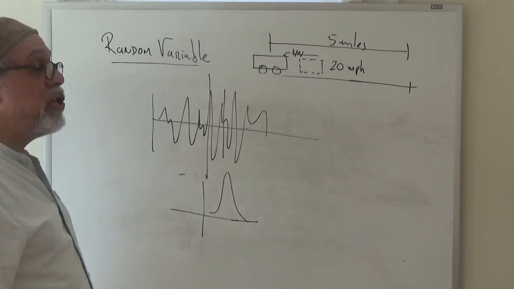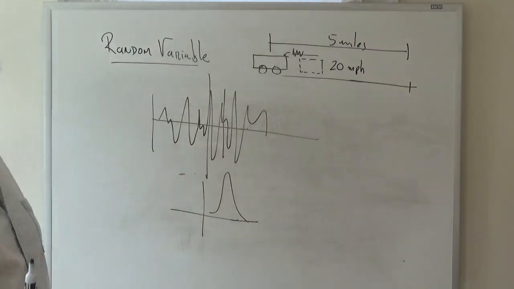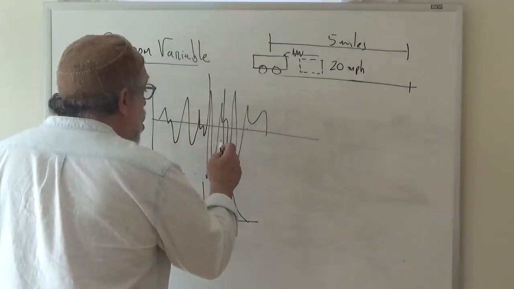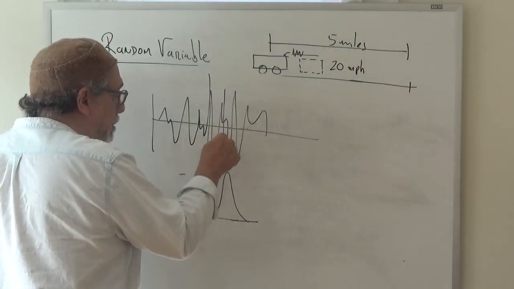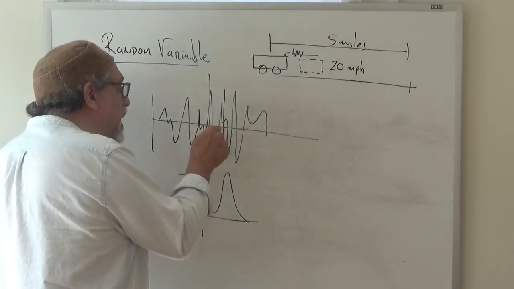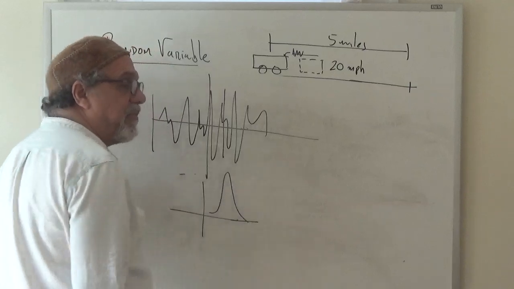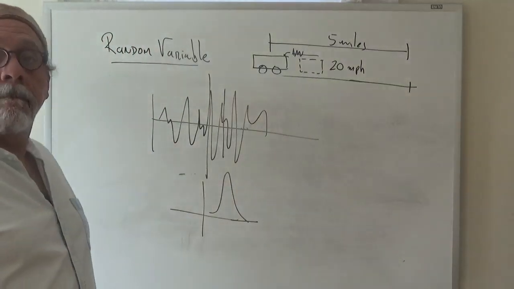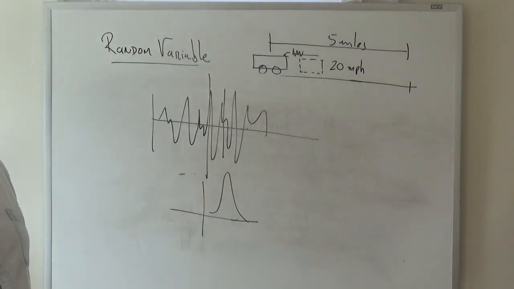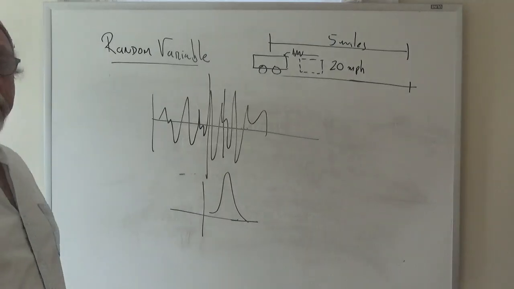If the function is not white, then that means that if I know the value at a given time, I know something about the values that are coming after. Only in the pure whiteness situation, you know nothing.